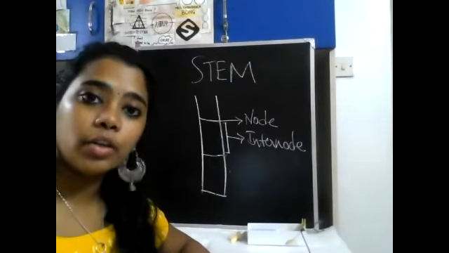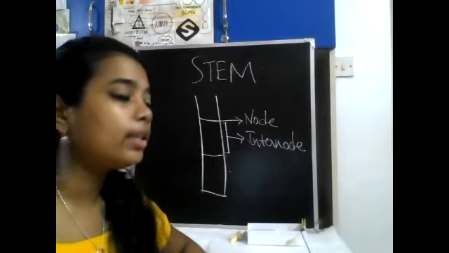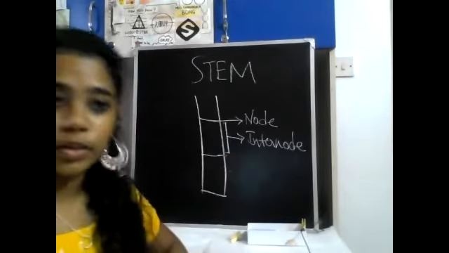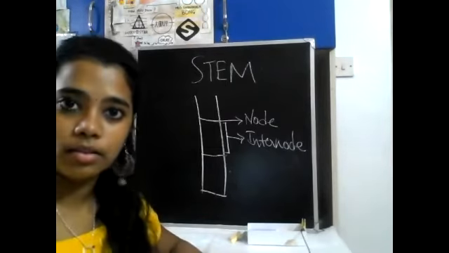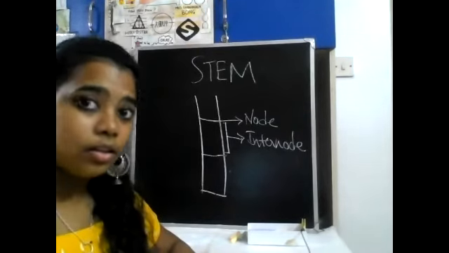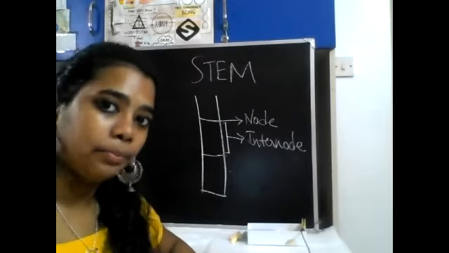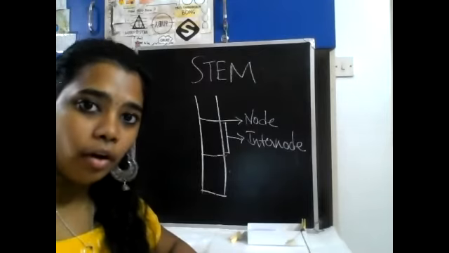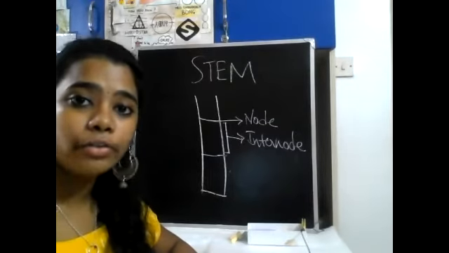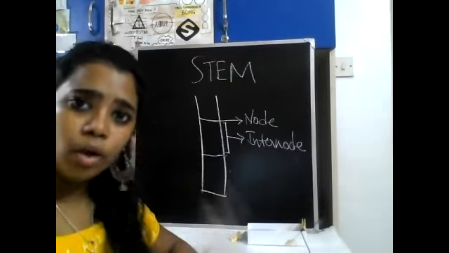The next thing that you could write, and the most important thing, is that stem possesses vasculature, vascular bundles, that is xylem and phloem. So xylem and phloem are very important for transportation of food and water throughout the length of the plant.